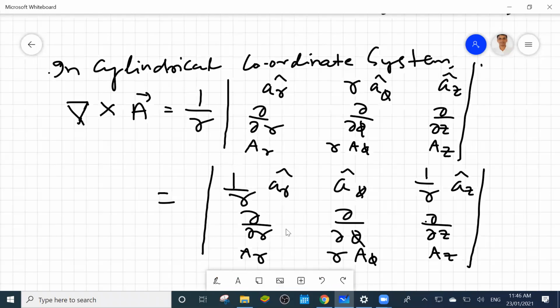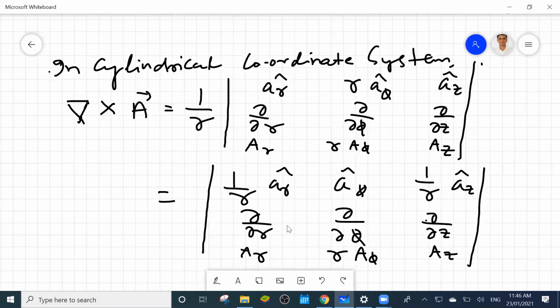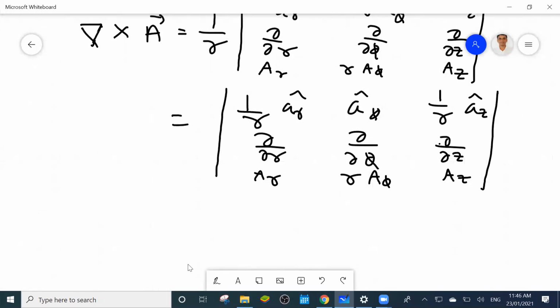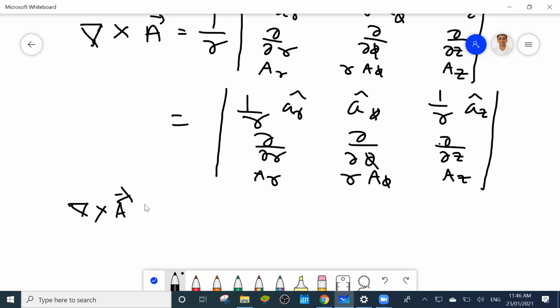So you can find out the determinant now. Write the determinant term by term, otherwise you may do something wrong.